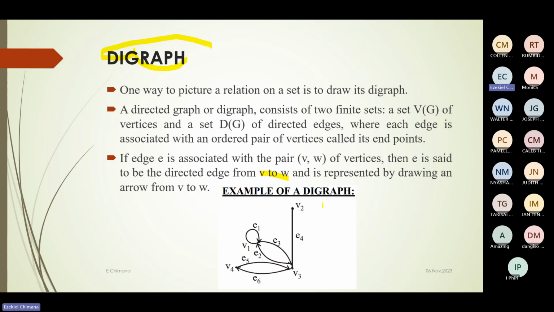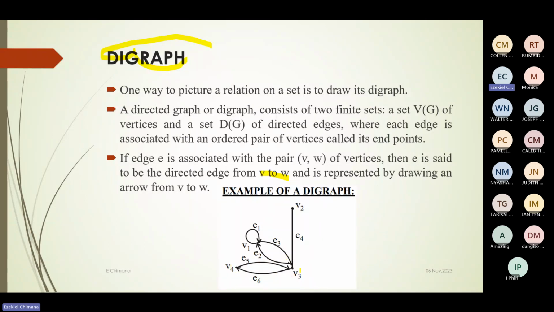This is an example of a digraph. We have V3 and V2, and this is just an edge. If there is no direction, it means it is bidirectional: you can go from V3 to V2 and from V2 to V3. Then this one goes from V3 to V4 as well as V4 to V3.